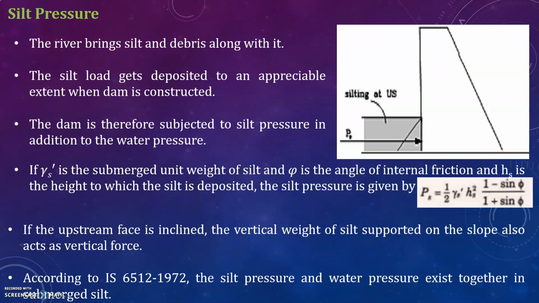Since the horizontal and vertical components due to water have already been taken with w equal to 1000 kg per meter cube or 9.81 kilonewton per meter cube, the additional force due to silt alone is computed by taking γs' equal to 1360 minus 1000, that is 360 kg per meter cube or 3.53 kilonewton per meter cube for horizontal pressure, and γs' equal to 1925 minus 1000, that is 925 kg per meter cube or 9.07 kilonewton per meter cube for vertical pressure.